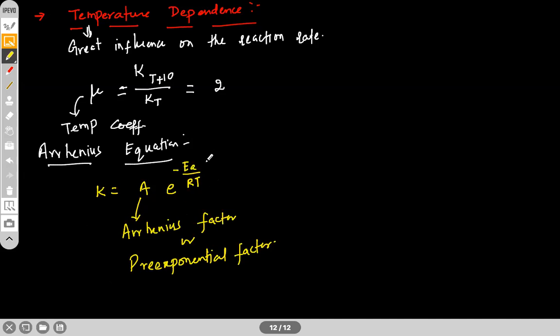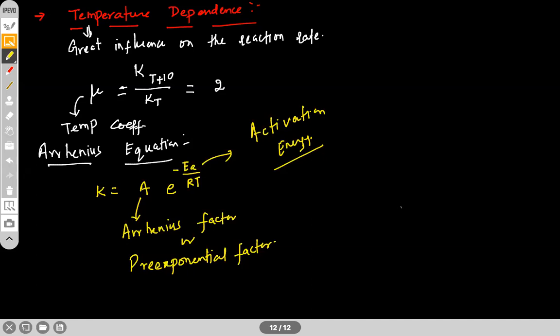EA is the activation energy, and T is the temperature. Now, from the Arrhenius equation, we can write the relation of two different rate constants at different temperatures.